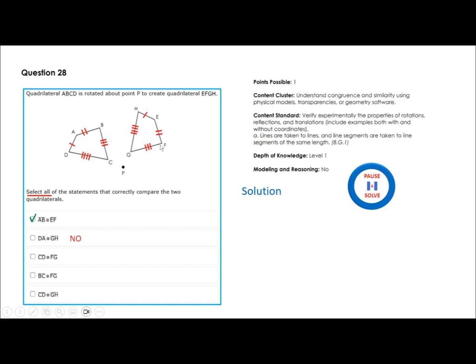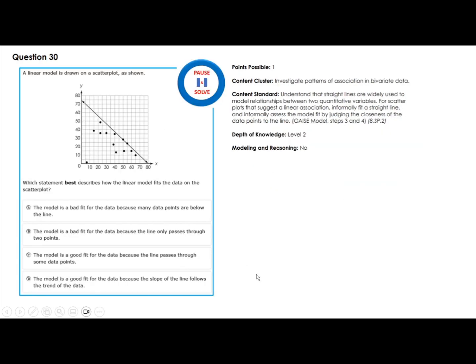No. That's 4, that's 3, no. Is BC equal to FG? Yeah. Is CD equal to GH? Yeah, see? That's easy. When you mark them like that, it's really easy.